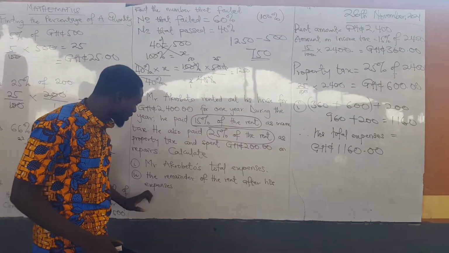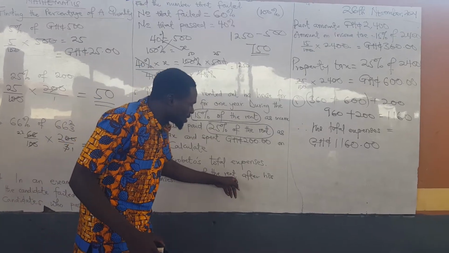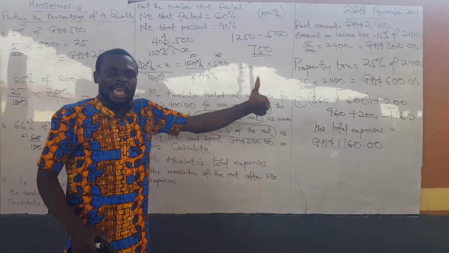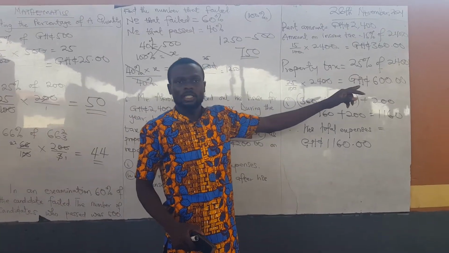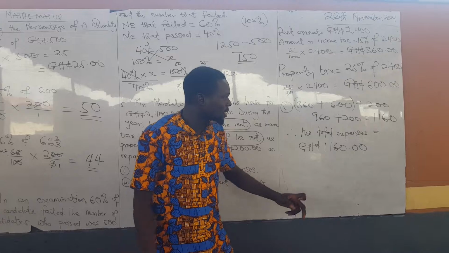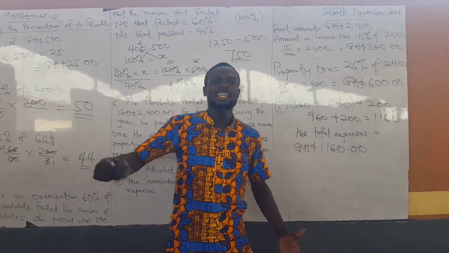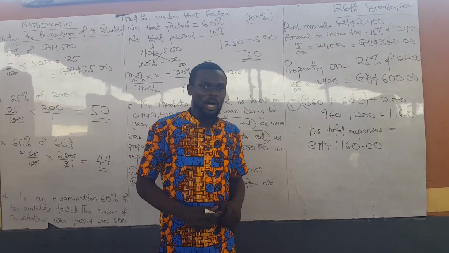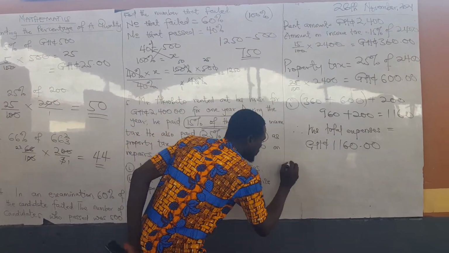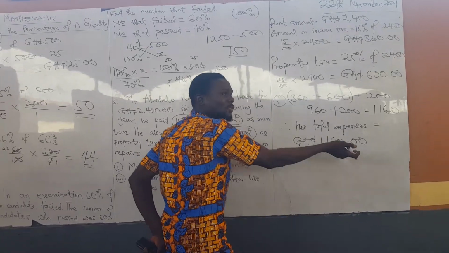When you come to the second question, it says calculate the remainder of the rent after his expenses. The rent is 2,400. So after his expenses, which is 1,160 Ghana cedis, what is he now having? For that one, we are just going to subtract the expense from the rent.